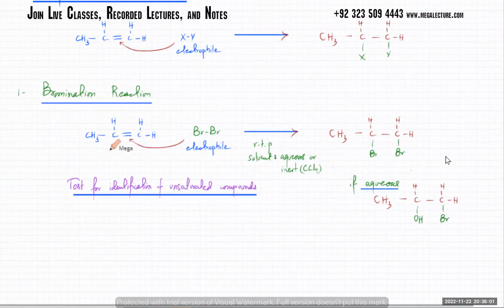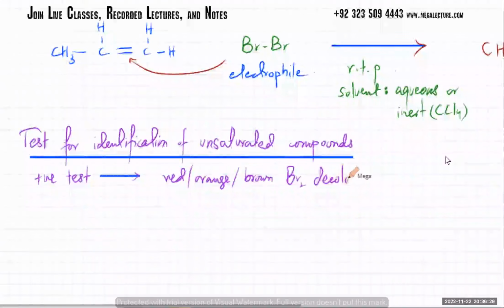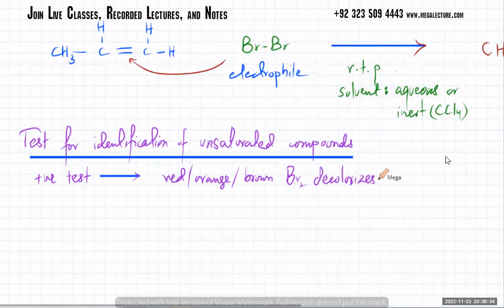You do this reaction, and if you got a positive test, the result will be that the red, orange, brown bromine, Br2, gets decolorized. It decolorizes. Okay? So this is clear to everyone.